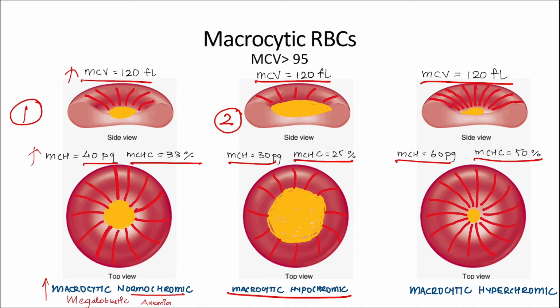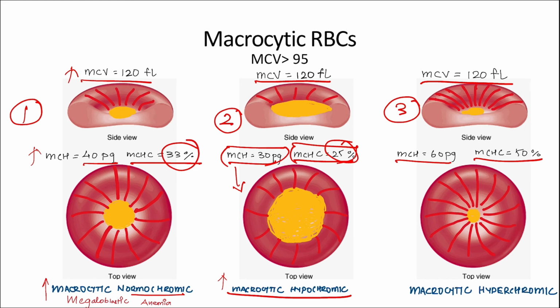Why macrocytic? Because it is larger in size. Why hypochromic? Because it has less hemoglobin compared to its larger size. You have to see the MCHC percentage is 25, here it is 33.